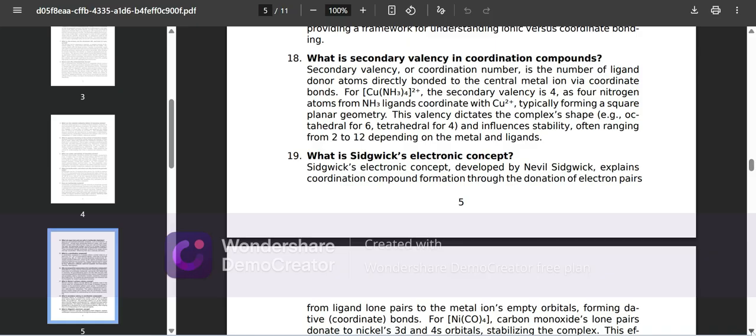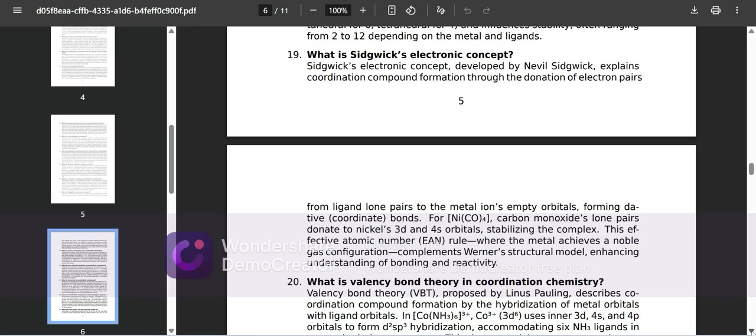This valency dictates the complex's shape. For example, octahedral for 6, tetrahedral for 4, and it influences stability, ranging from 2 to 12 depending on the metal and ligands.